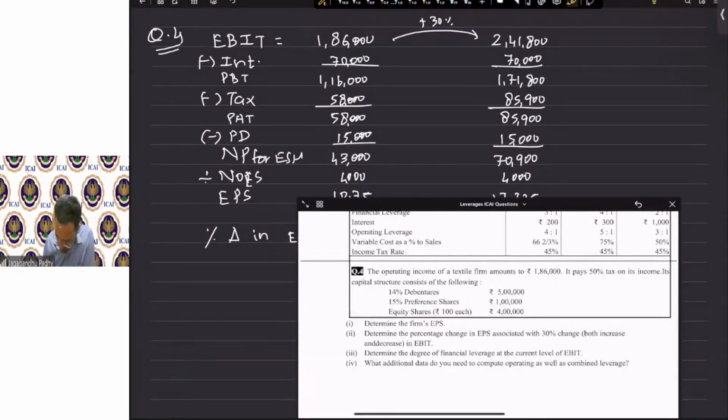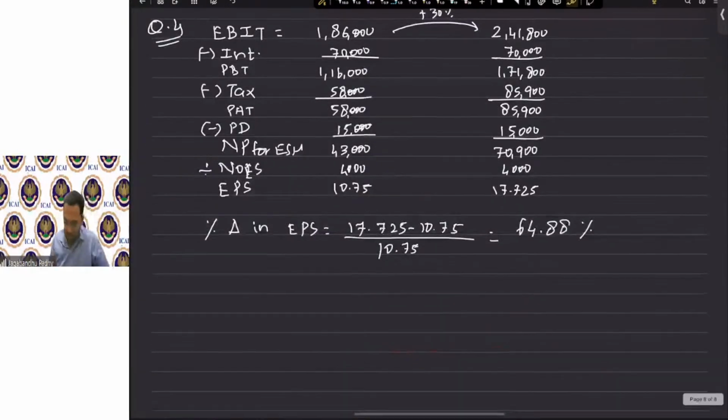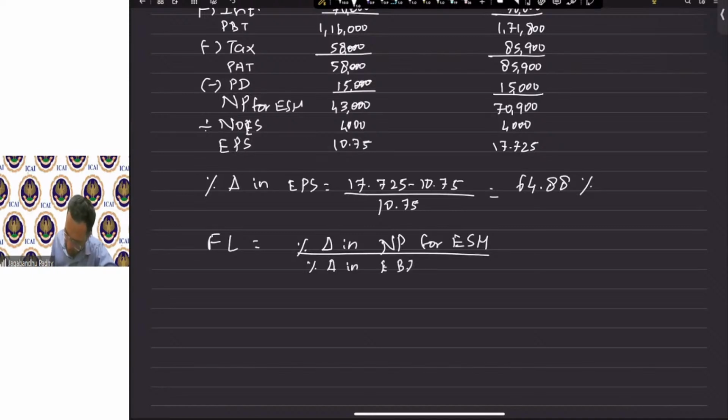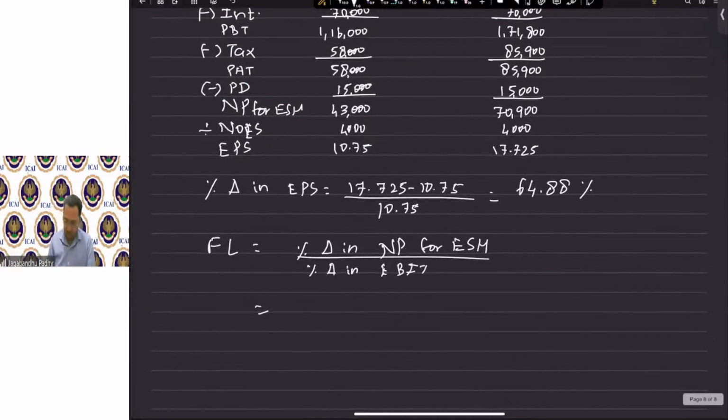Now they are asking us to determine the degree of financial leverage. There are two methods, as we have stated. Financial leverage is percentage change in net profit for equity shareholders upon percentage change in EBIT. Now, what is the percentage change in net profit for equity shareholders?